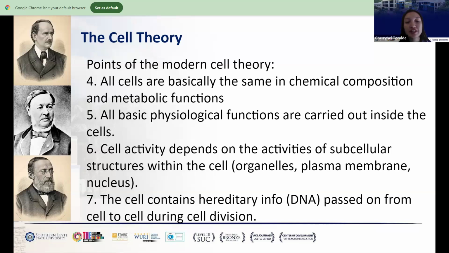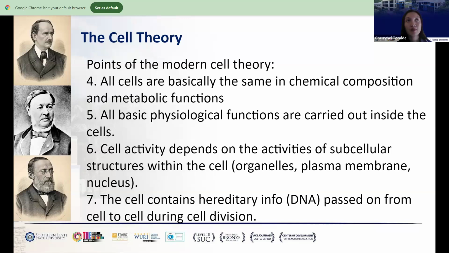Next, number seven, the last tenet of the cell theory: the cell contains hereditary information, or the DNA, passed on from one cell to another during cell division. So all cells, meaning all living organisms, have DNA, because this is basically the blueprint of life.